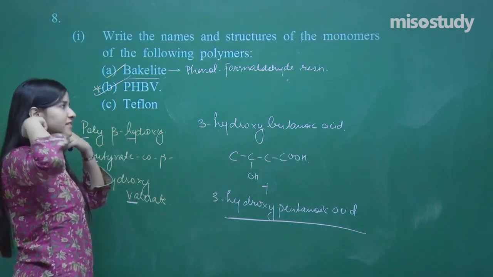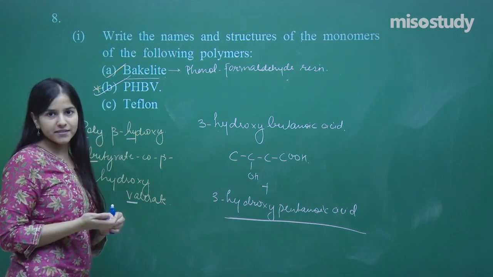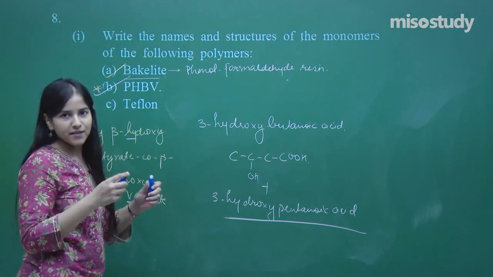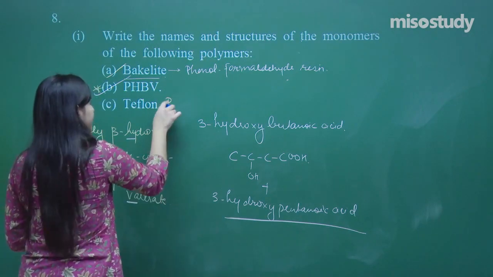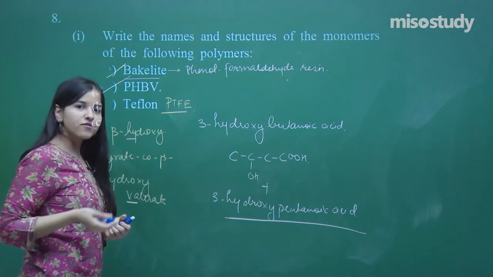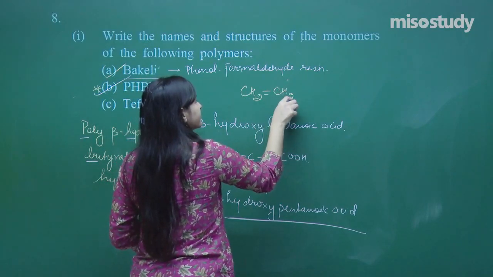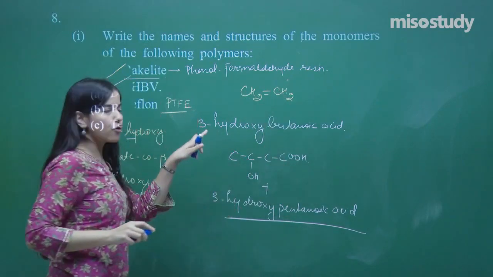Done. Now comes Teflon. What is this Teflon? Teflon is tetrafluoroethene. Polytetrafluoroethene, PTFE. What is ethene? I need the tetrafluoro of it.